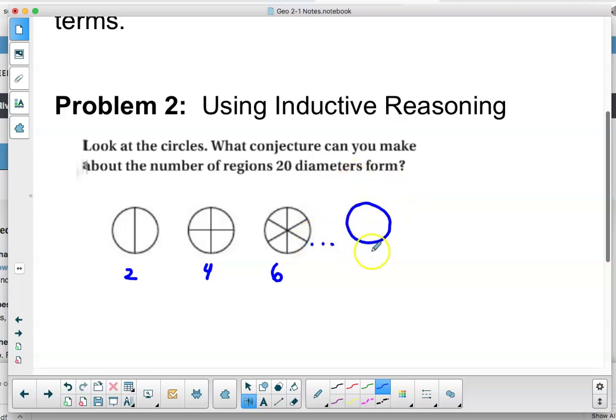If I have 20 diameters, how many regions will be formed? Take an educated guess. Hopefully you see 40.